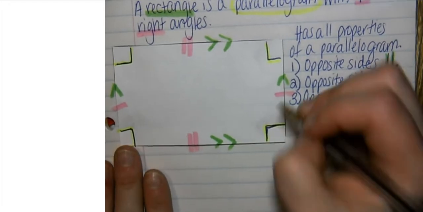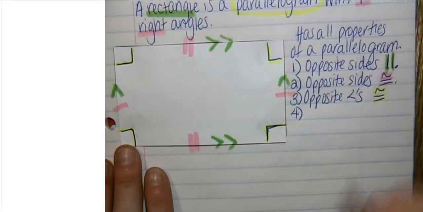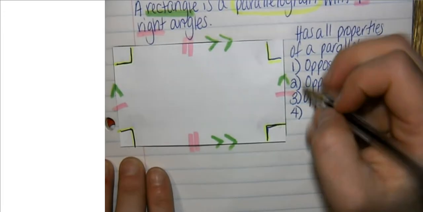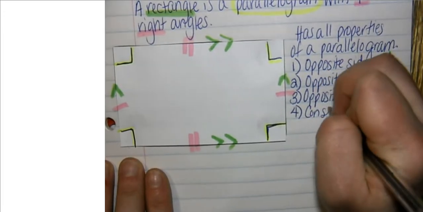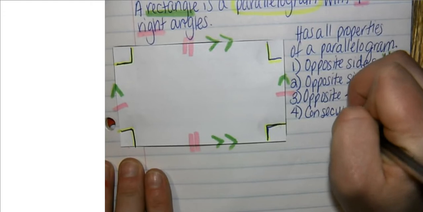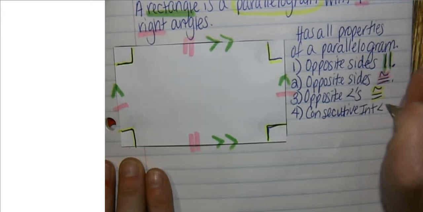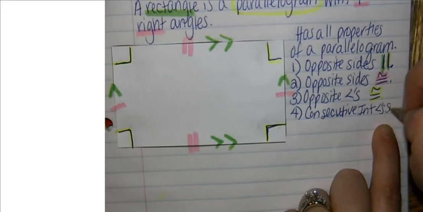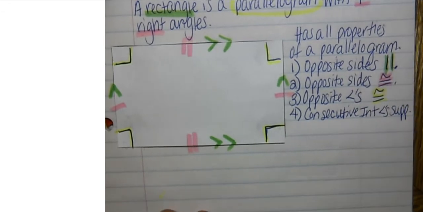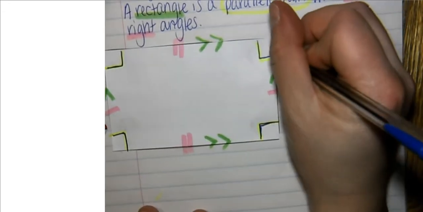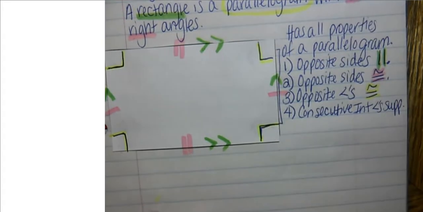Next, we have information about the consecutive interior angles. The consecutive interior angles are supplementary. That means that they add to 180 degrees. And I know that 90 plus 90 is 180.